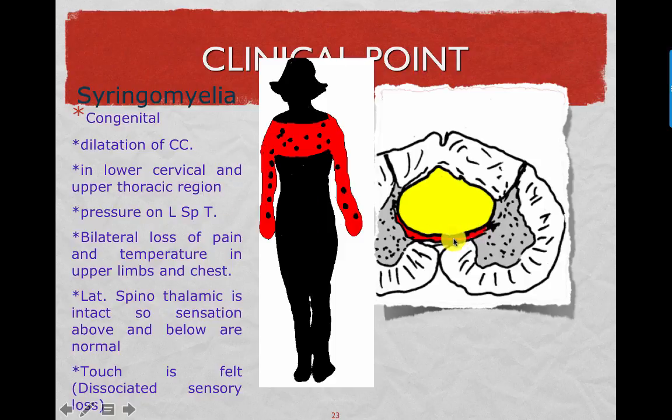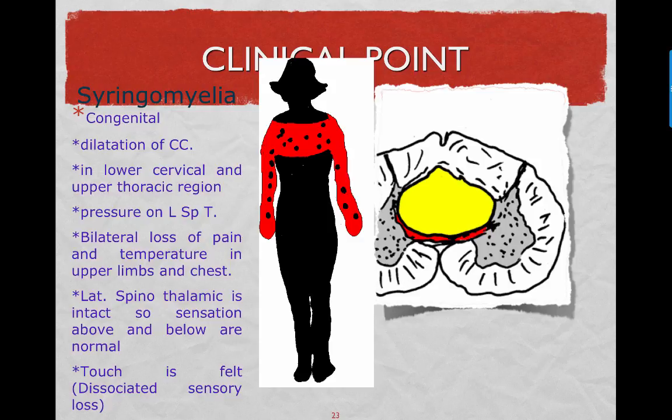By pressure on the crossing fibers of the lateral spinothalamic tract, there will be bilateral loss of pain and temperature in the upper limb and in the chest. The lateral spinothalamic tract is intact, so the sensations above and below are normal, and in this condition the touch is felt because the fibers of the crude touch are away from the central canal, not affected, and also the fibers of the fine touch are far away.